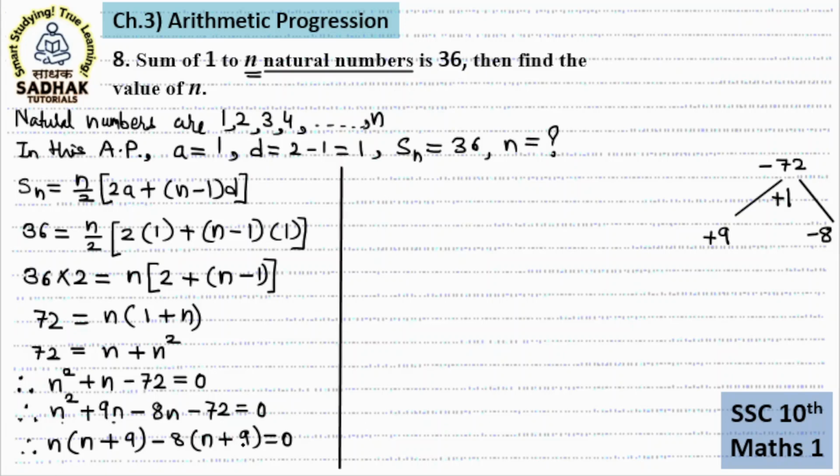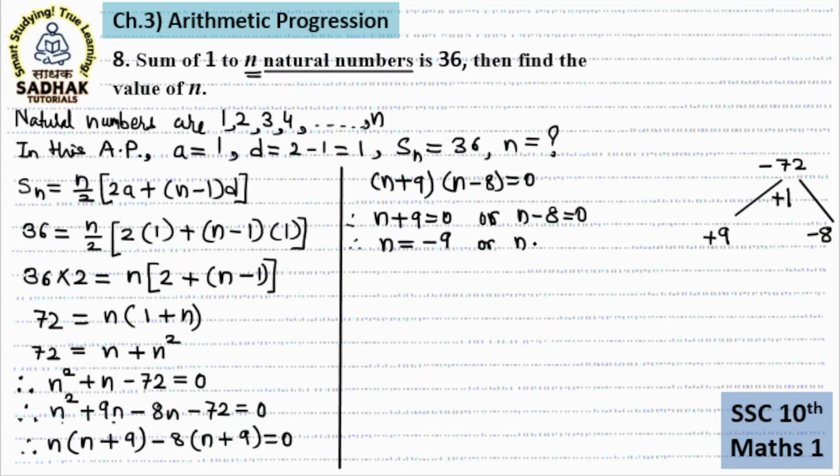So now n plus 9 is common, so n plus 9 I write as one bracket, and whatever remains I put in the other bracket, so n minus 8 is equal to 0. So therefore either n plus 9 is equal to 0 or n minus 8 is equal to 0. There are two possibilities. In the first possibility n will be equal to minus 9, and in the second possibility n will be equal to plus 8.